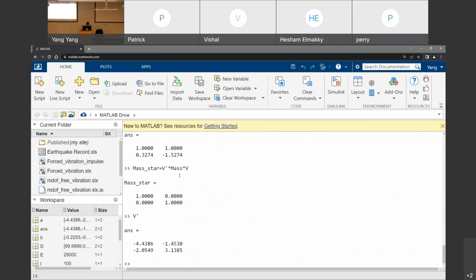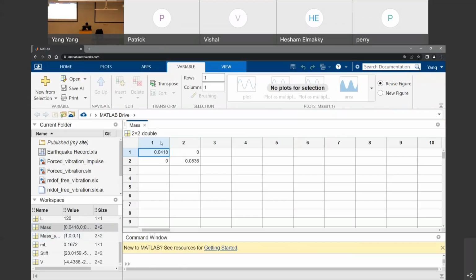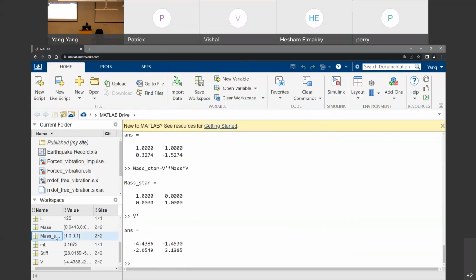Double check the mass matrix here. Why is M star like that? That's interesting.